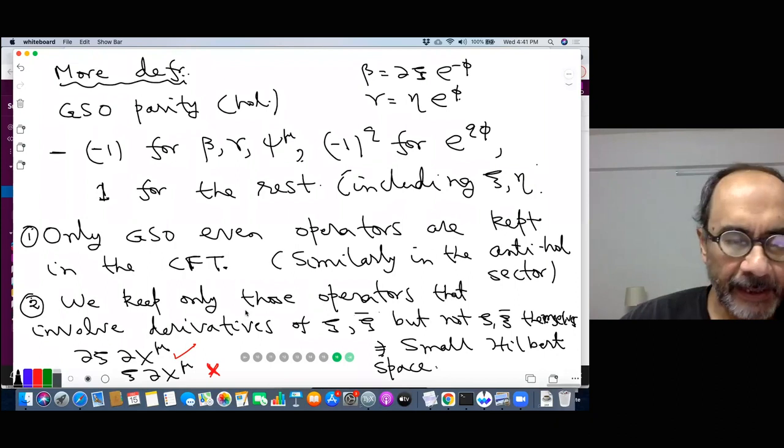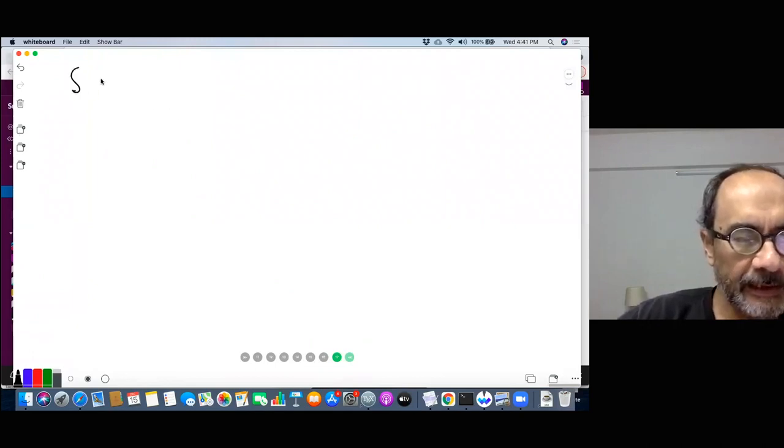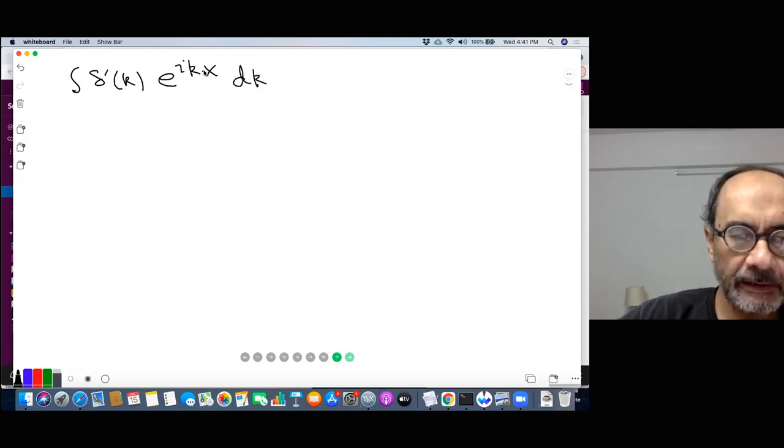X mu we can think of in a somewhat limiting sense, right? You have e to the i k dot x. So if you take the integral of delta prime of k e to the i k dot x dk, let's take one dimension, this is roughly like x, because you do integration by parts, you bring down i k x, and then you set k equal to 0.